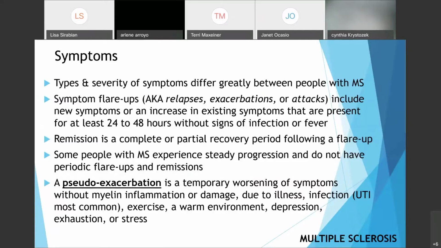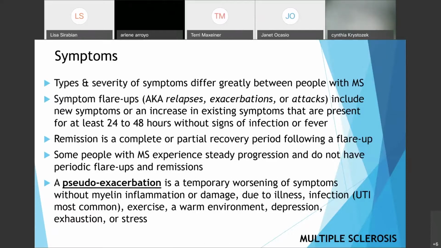Okay, so the types and severity of symptoms will differ greatly between people with MS. People with MS experience what we call flare-ups and remissions. As you read about these things, a flare-up is also known as a relapse, an exacerbation, or an attack. They all refer to the same thing, a symptom flare-up. This might include new symptoms the person has not had before, or an increase in existing symptoms.